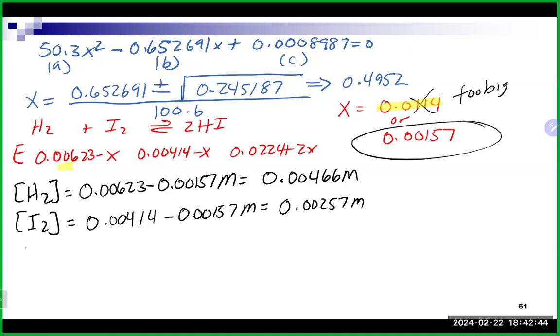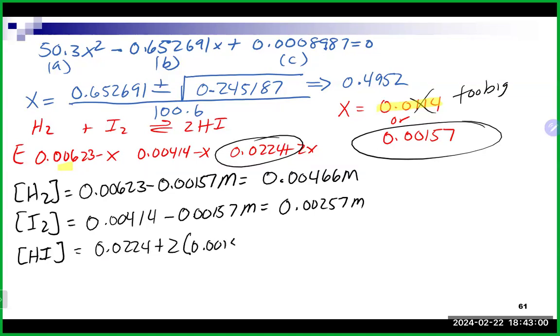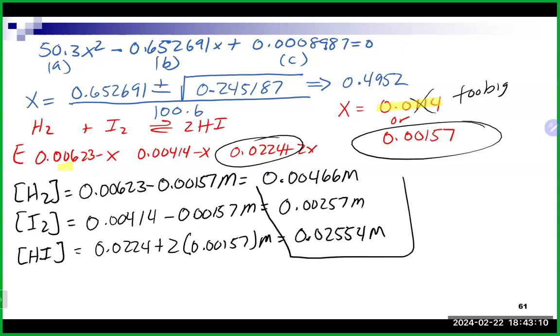And lastly, here for our HI, don't forget we actually had an initial on this guy, right? So 0.0224, and remember it's plus 2 times x, 0.00157. And that's going to give us 0.02554 molar. And there it is.